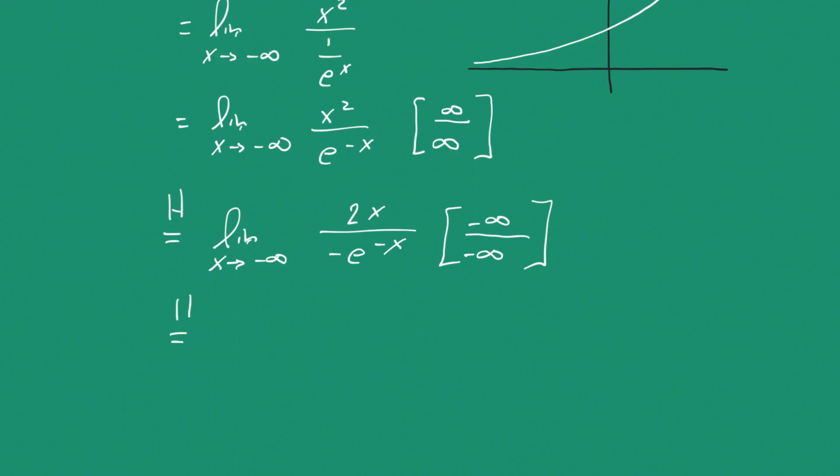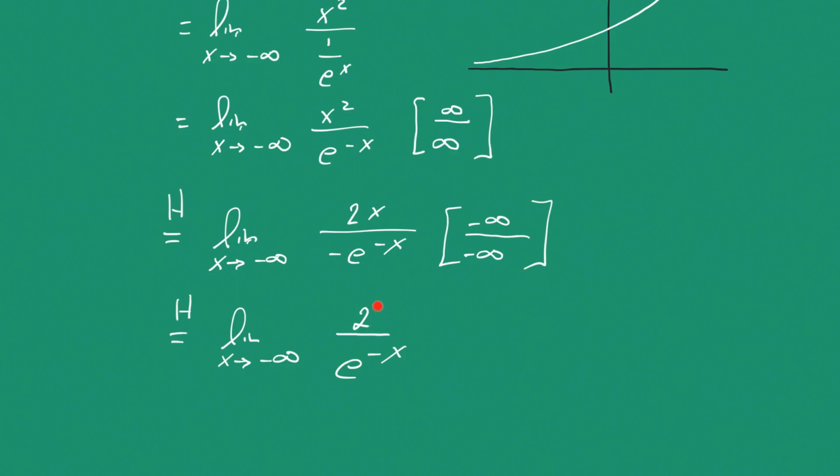So this is equal to, applying L'Hopital's rule, the limit as x tends to minus infinity, differentiating the numerator, so differentiating 2x, we get 2, and then differentiating the denominator, we'll have minus the derivative of e to the minus x, that's a minus and a minus, which is a plus, and we have e to the minus x in the denominator. Well, what does this look like now? Well, let's take a look.